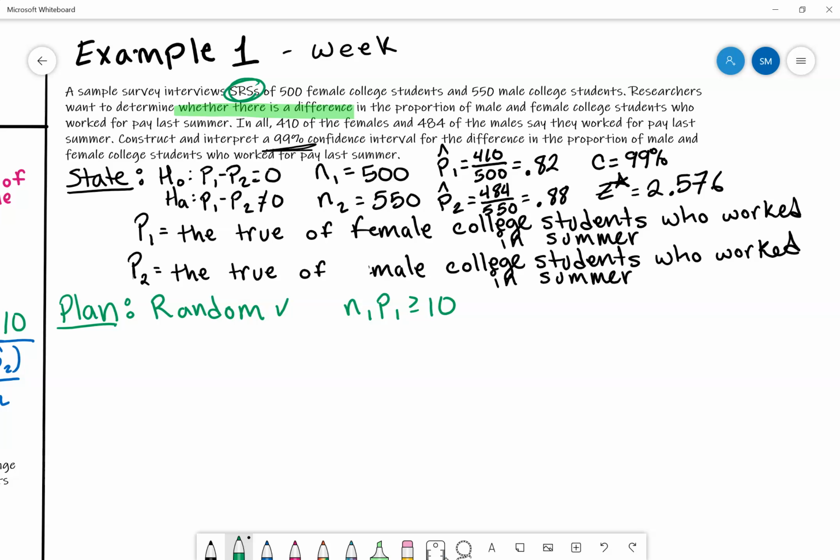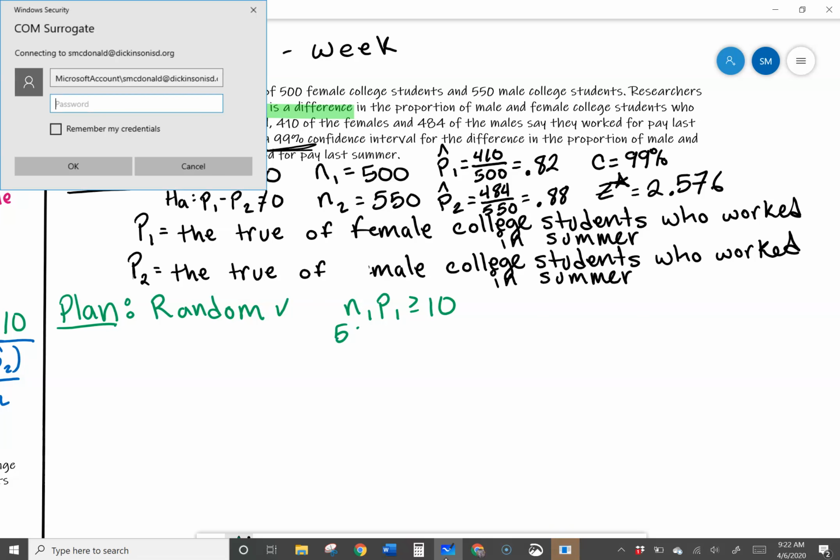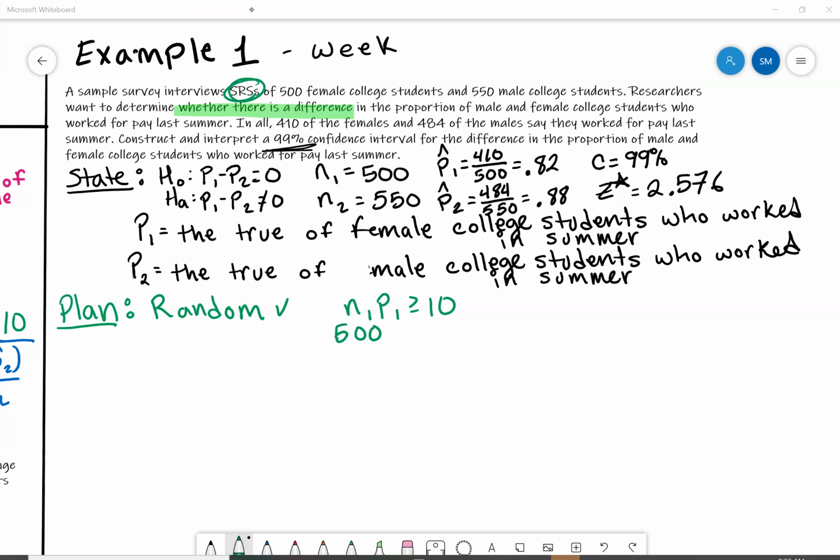So n sub 1, the sample size of the first set of data is 500, times the first sample proportion, which is 0.82. We want to know, is that greater than or equal to 10? If you multiply it, you get 410. And 410 is indeed greater than or equal to 10.